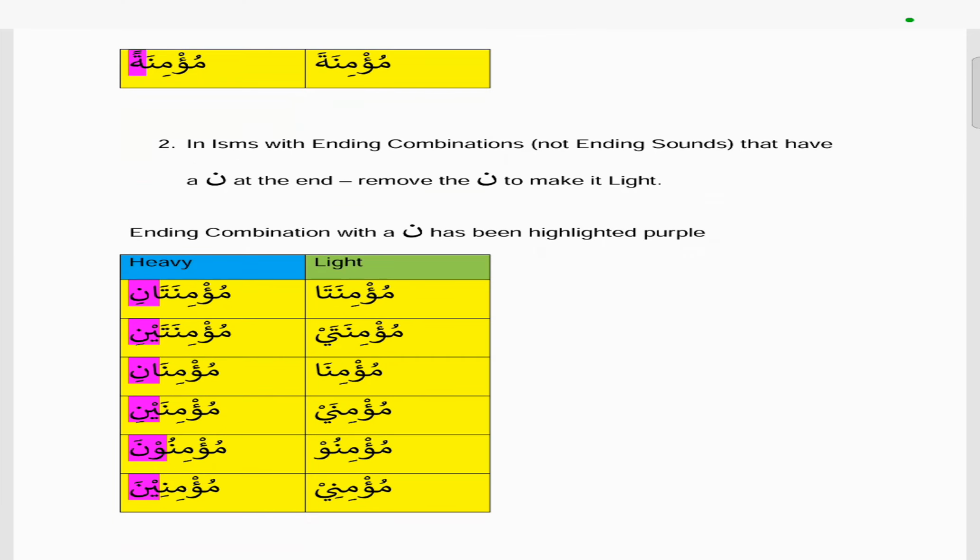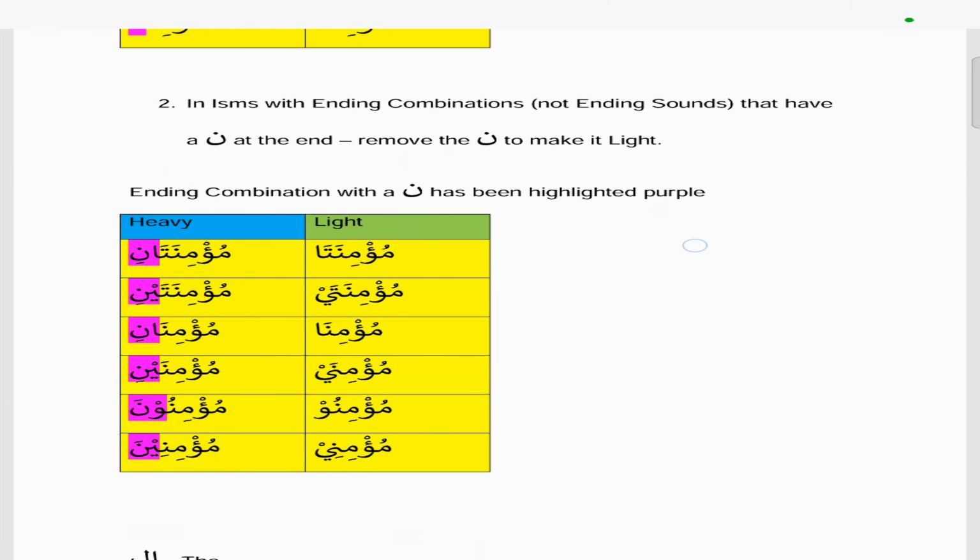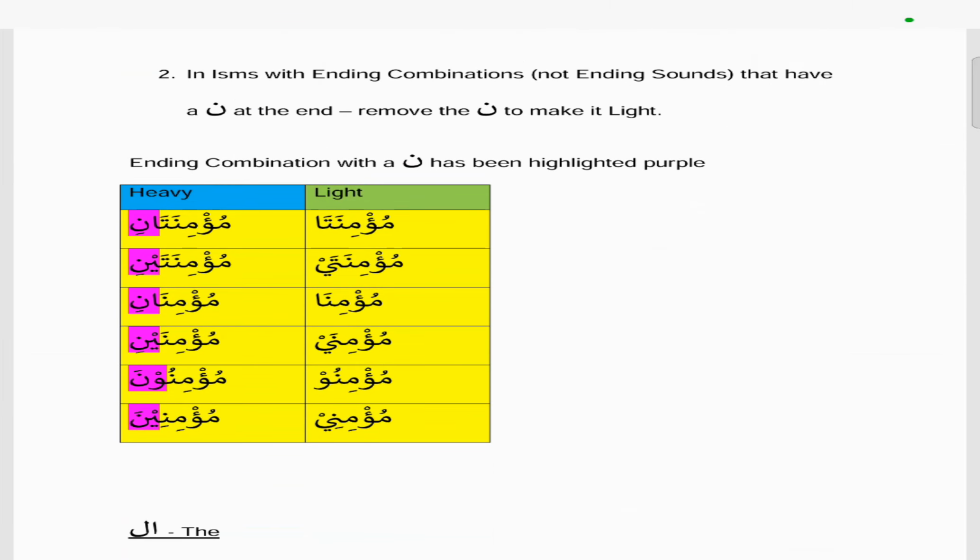The second way of making an ism light is when we're dealing with ending combinations. This first one was actually dealing with ending sounds, and the ending sounds, if you remember from the last chapter, have to do with the harakat on the last letter. But when we're dealing with ending combinations, which you can see in this table, the way we do it is that we get rid of the noon at the end.